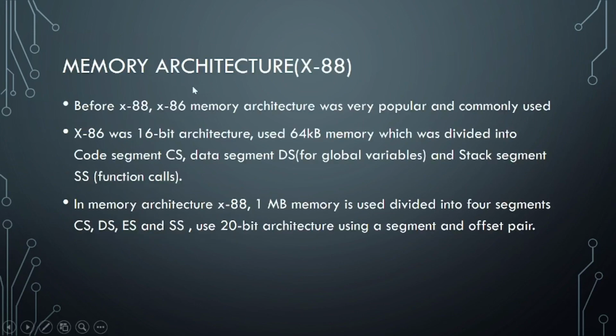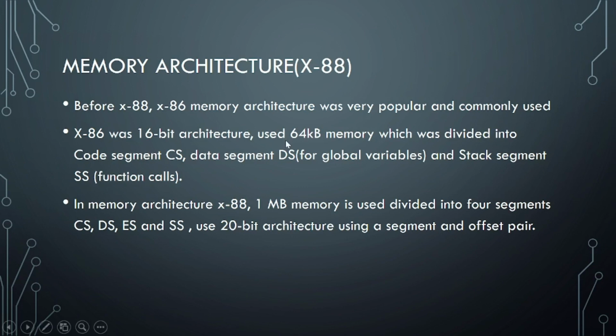Memory architecture. We are studying memory architecture x88. Before x88, x86 was very popular and commonly used, and it used 16-bit architecture with 64 kilobyte memory. How can we measure memory? The vertical dimension of memory gives the size of memory.